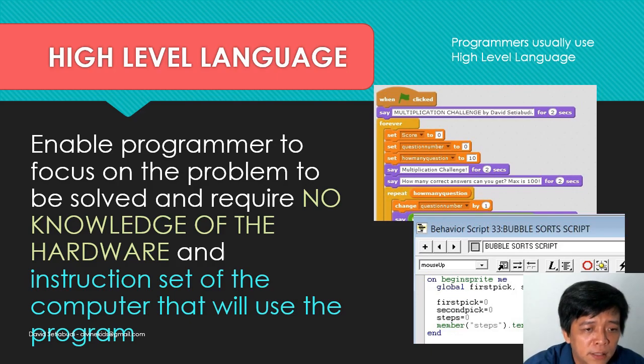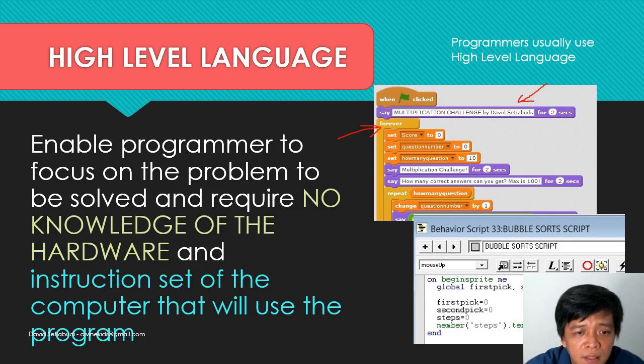And this one is a sample from Scratch. This one is also using high-level language. So, you see, when the flag is clicked, say Multiplication Challenge by David Setiabudi for 2 seconds.